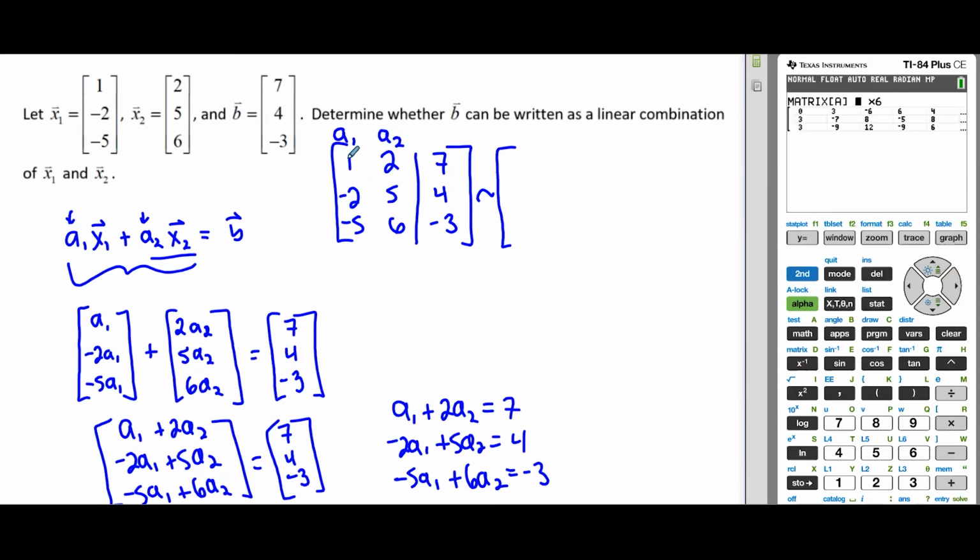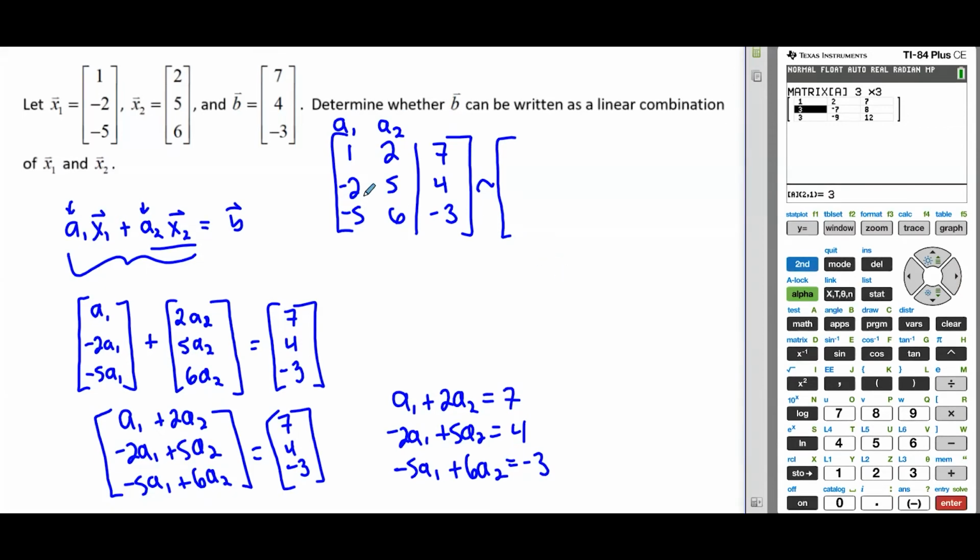So this is a 3 by 3. 1, 2, 7. When you enter the matrix here, you have to enter it by row. Negative 2, 5, 4. Negative 5, 6, negative 3.